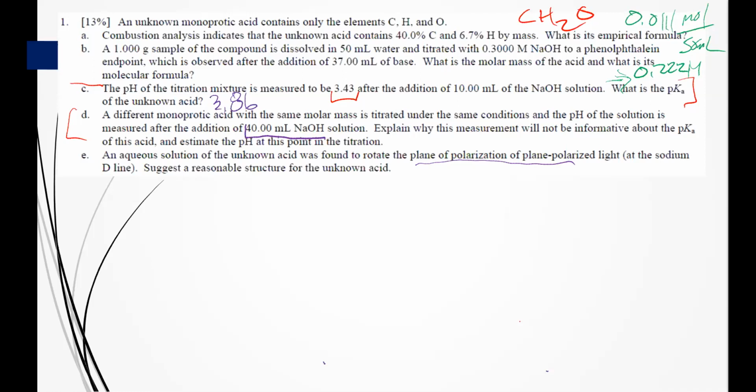Some molecules don't rotate light. Some will rotate it left. Some will rotate it right. So there's a term related to that. It's called chirality. So if you rotate light, you're going to be chiral. Now, for an organic molecule, if we are chiral, what does it tell us about that carbon?